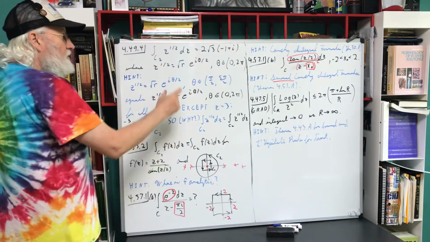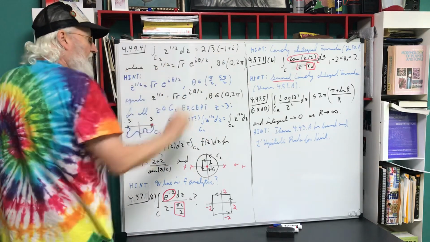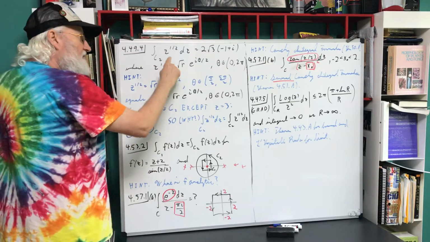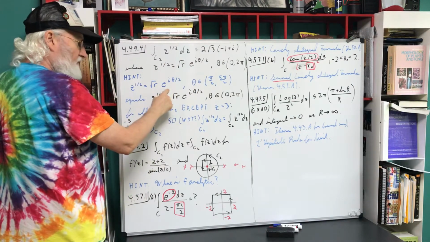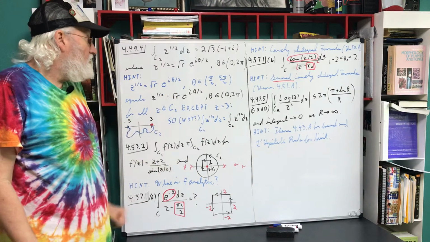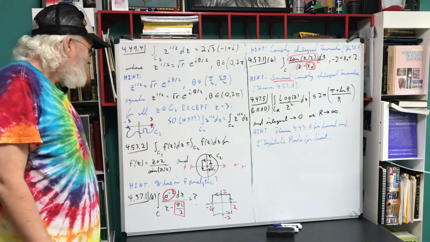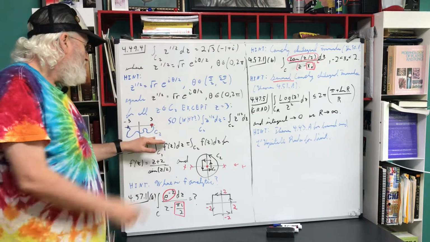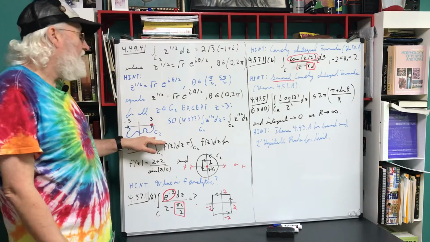So what we're going to do is evaluate this integral, show it takes on this value, by replacing the black branch of the square root function with the blue branch of the square root function and integrating it. Why do you want to integrate the blue one? Because it's defined and continuous throughout contour c sub 2. That's the point of the exercise.